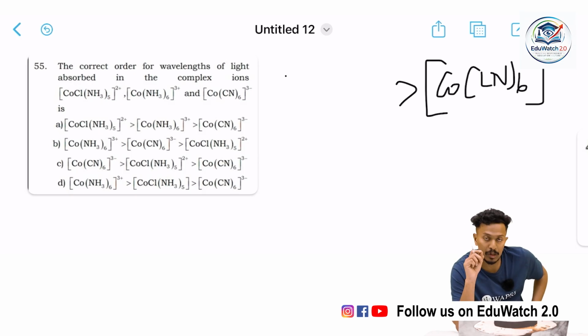So the presence of a chlorine atom in the 6 coordination of cobalt gives a much stronger ligand.